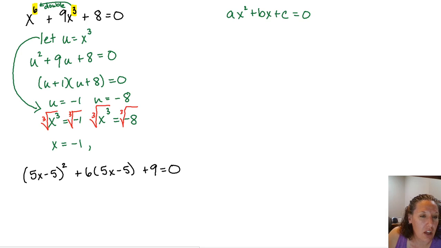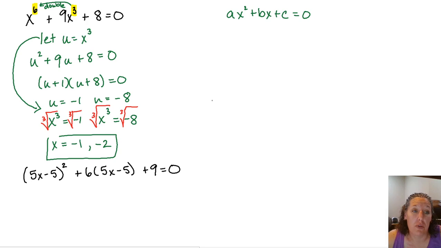And then on our second equation, we have the cube root of -8, simplifies to -2. You can check both of these. When you plug them back in, you will get that both of those make a true statement.